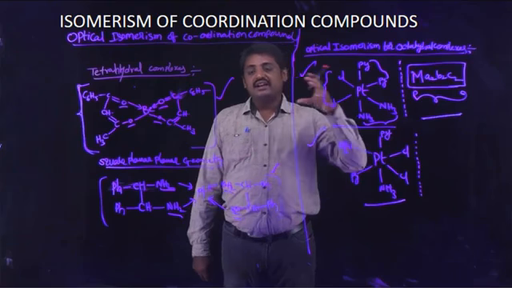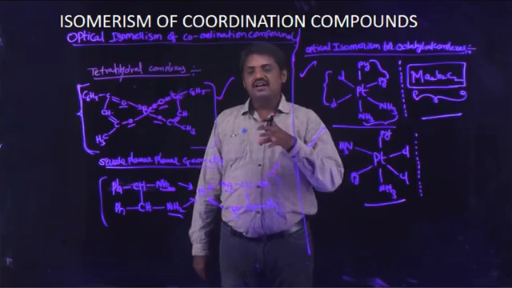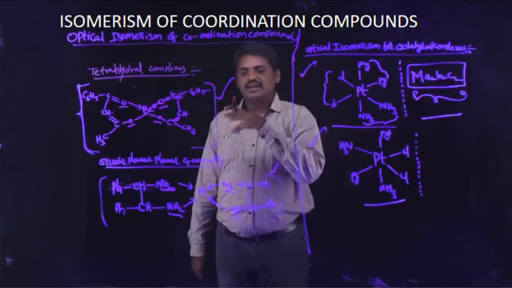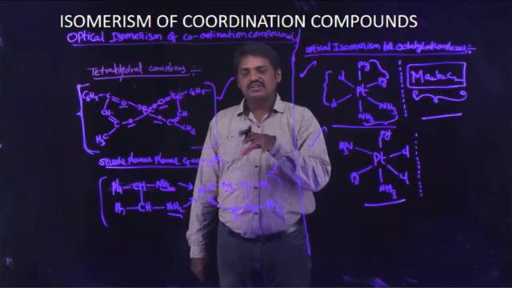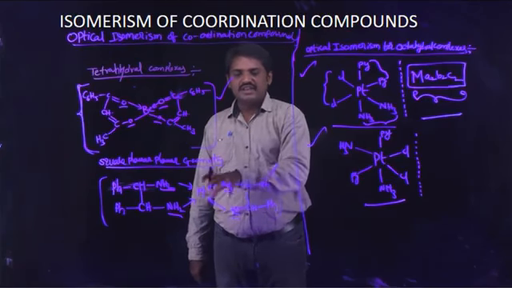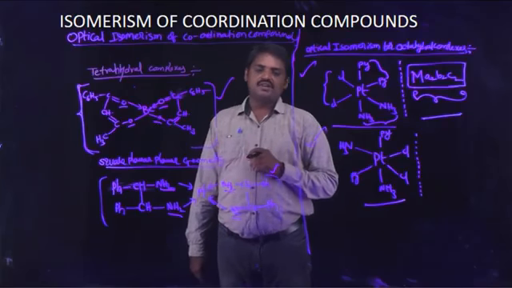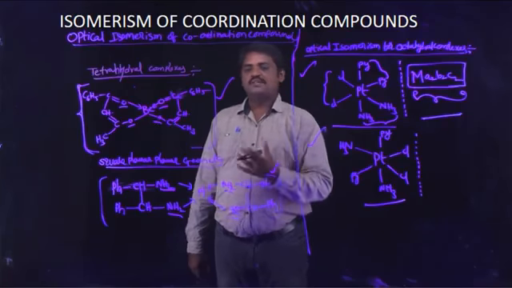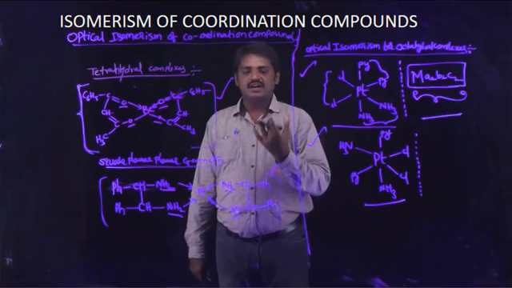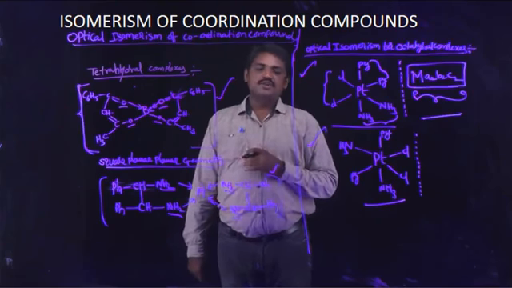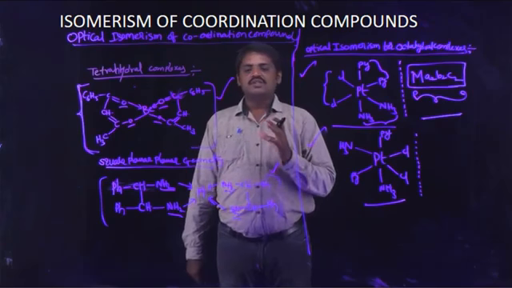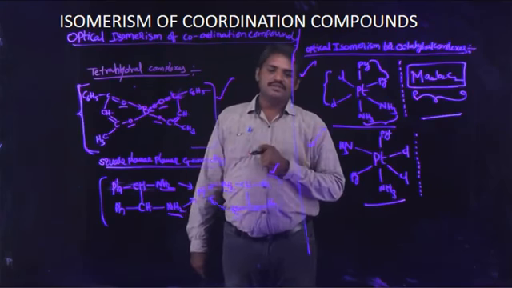The compound shape is then square planar. So in these two complexes, tetrahedral or square planar, both compounds exhibit optical isomerism.